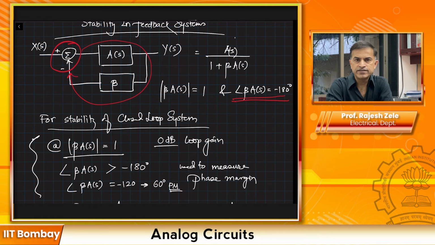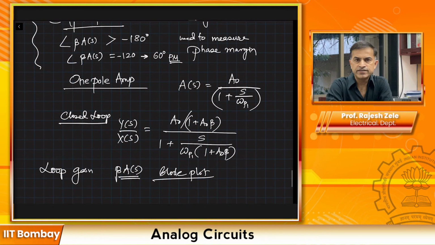What our stability criterion is telling us is that when beta times A of S hits unity gain frequency, at that time the phase of beta times A of S should be greater than minus 180 degrees. That's our desire, and then we can tell that we are stable.